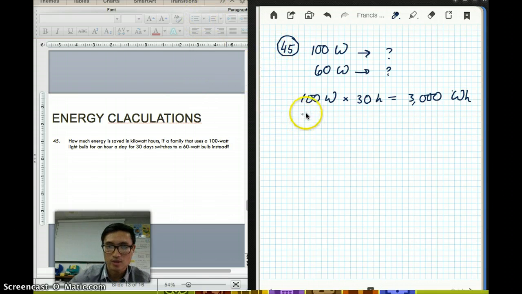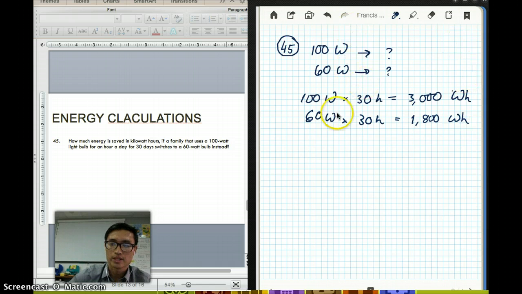Now, if we had a 60 watt light bulb, and again, there's still 30 days, and we're only using it 1 hour for each of those days, that would give us 1,800 watt hours. Now let's take the difference between those. 3,000 watt hours versus 1,800 watt hours.